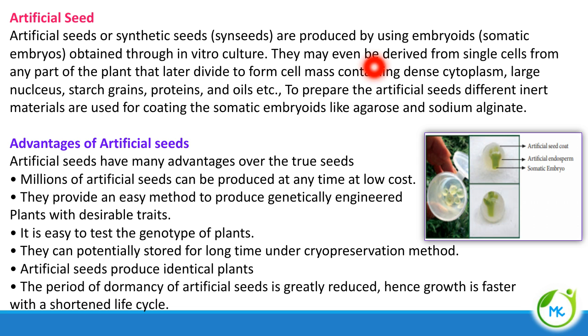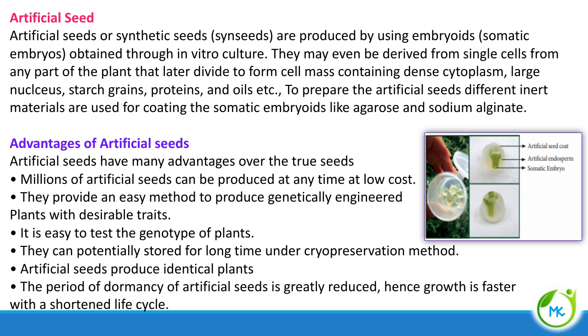So these seeds are produced by embryoids obtained through in vitro culture, and they may even be derived from single cells from any part of the plant that later divide to form cell mass containing dense cytoplasm, large nucleus, starch grains, proteins, oils, etc. And to prepare the artificial seeds, different inert materials are used for coating somatic embryoids.